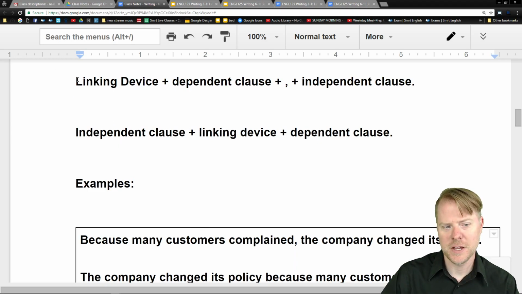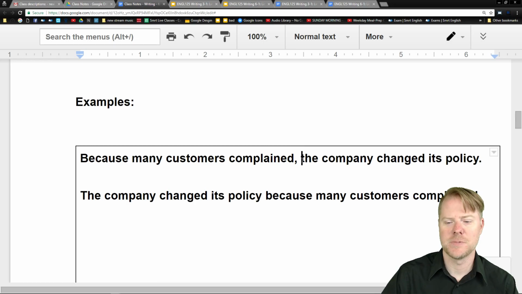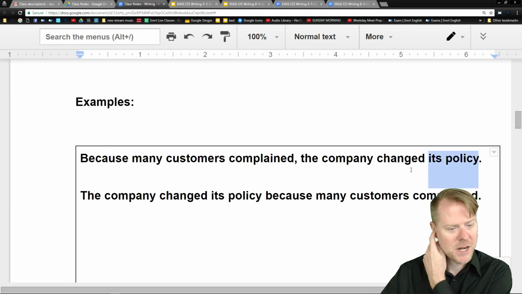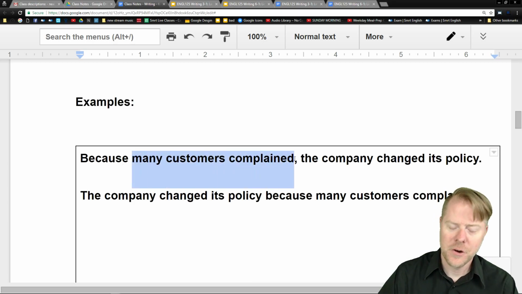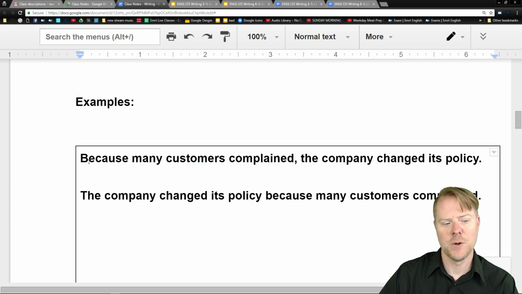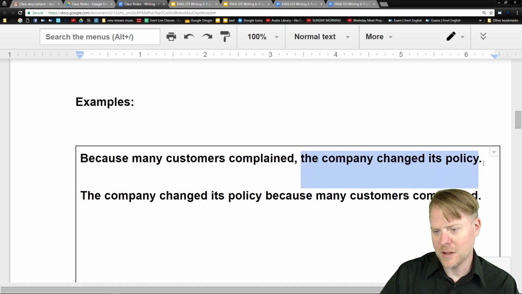If you start with the linking device because, you're going to need a comma before the independent clause. The independent clause also has its own subject, the company, and verb, changed. And this also happens to have an object.